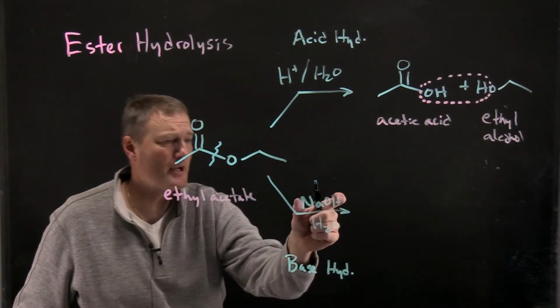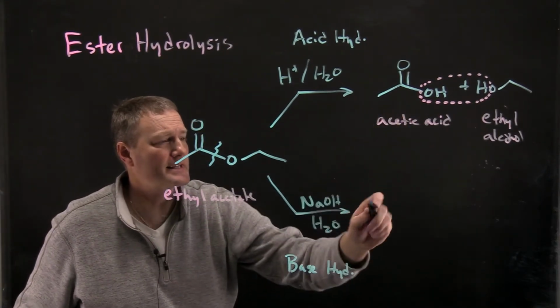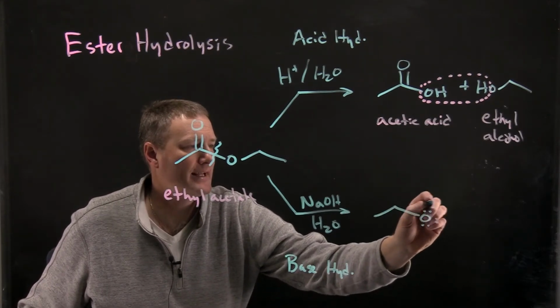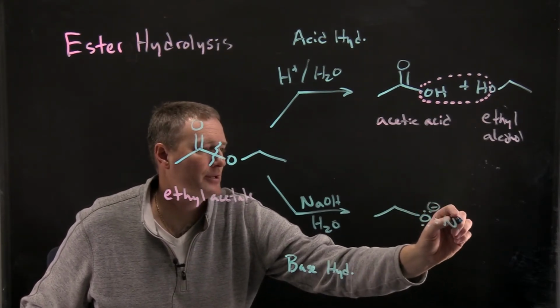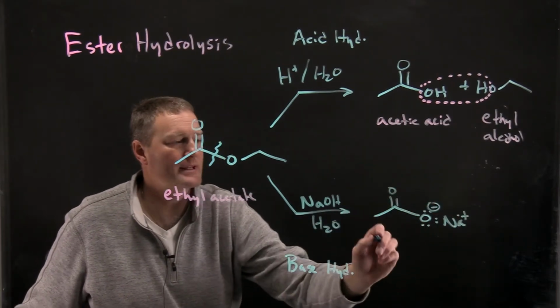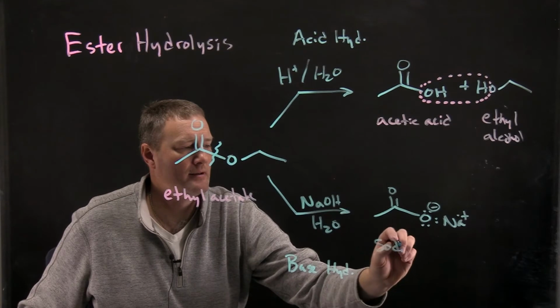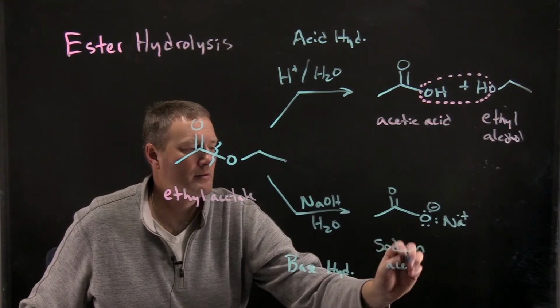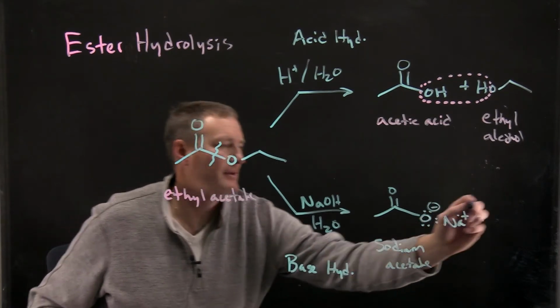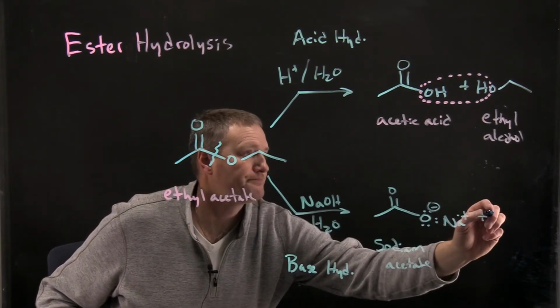However, because we're in the presence of base, the acetic acid that's formed is going to actually be formed as the carboxylate. And actually it would be the sodium salt. So instead of getting acetic acid, we would get sodium acetate. And the other product is going to be ethyl alcohol.